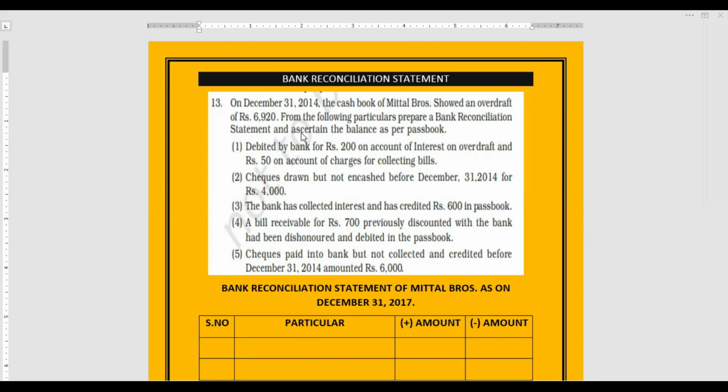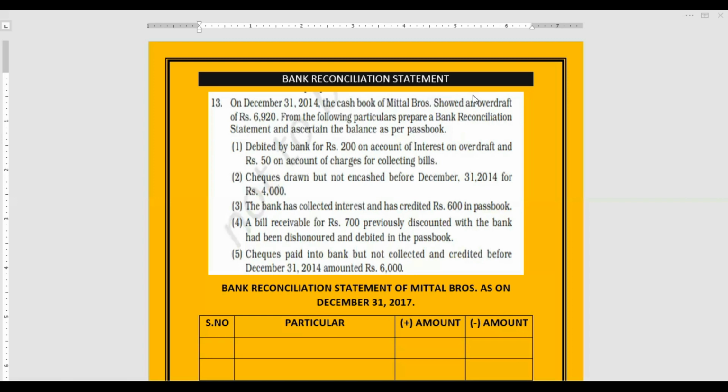So in this question number 13, let me read. On December 31st, 2014, the cash book of Mittal Brothers showed an overdraft of 6,920. So in this question, as per the cash book, there is no balance, there is an overdraft.